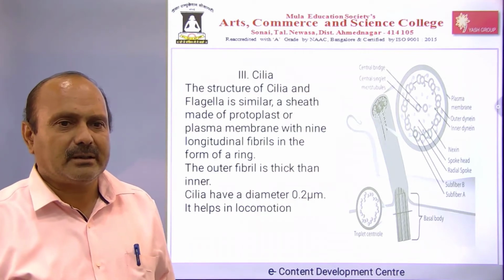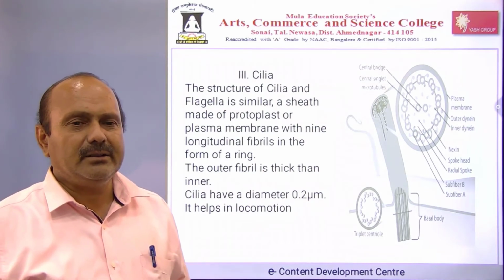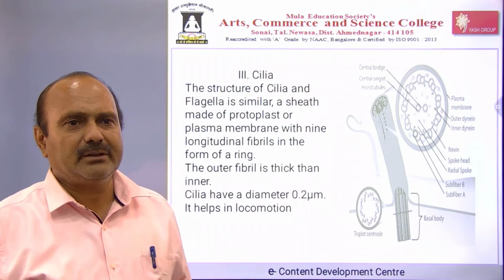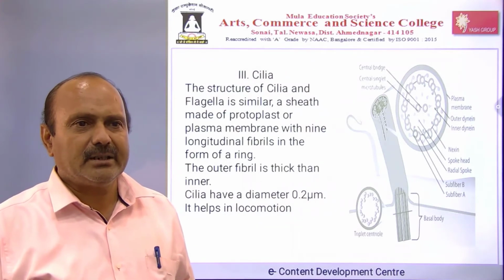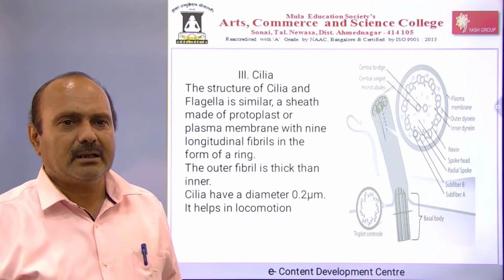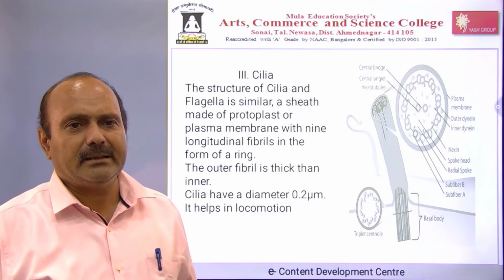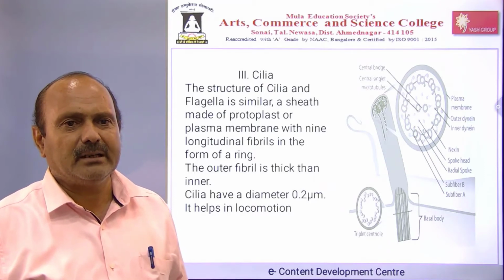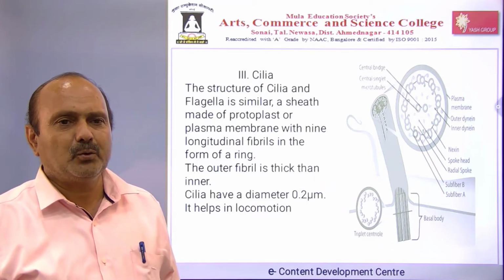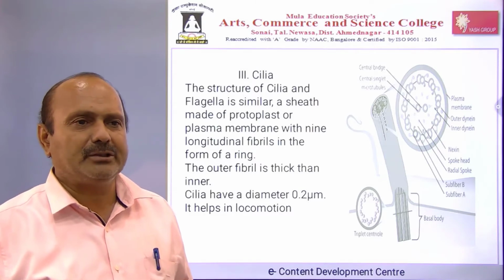When we observe the transverse section of the cilia, it is a rounded structure having a central bridge and peripheral bodies. Externally, the cilia is covered by the plasma layer, and inside it there are outer and inner regions. Centrally, there are two fibrils which are connected to each other.